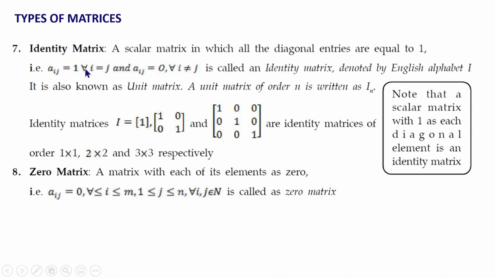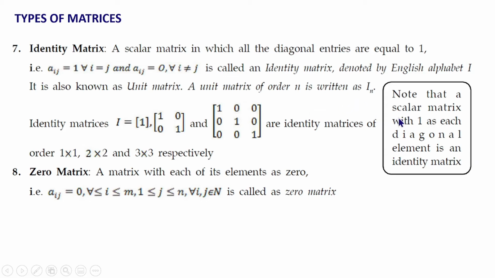The next matrix is called the identity matrix. A scalar matrix in which all the diagonal entries are equal to 1 is called the identity matrix, and it is denoted by I. It is also called a unit matrix. So the unit matrix of order n is written as In.